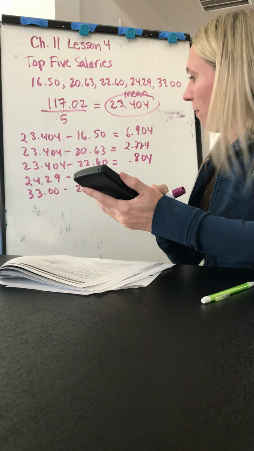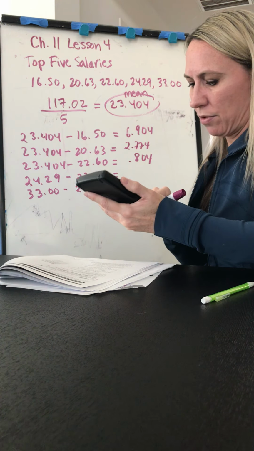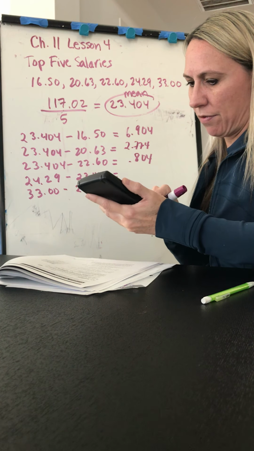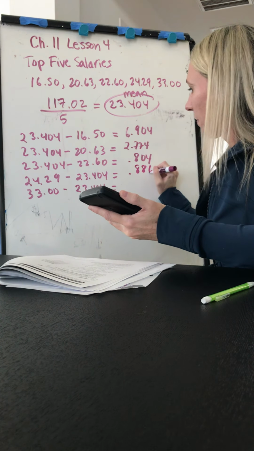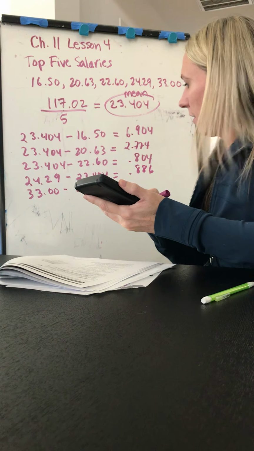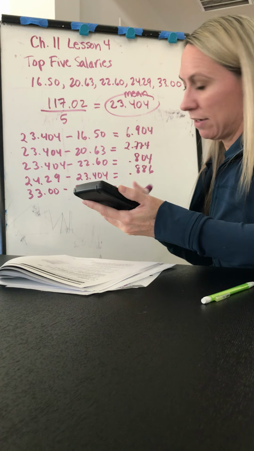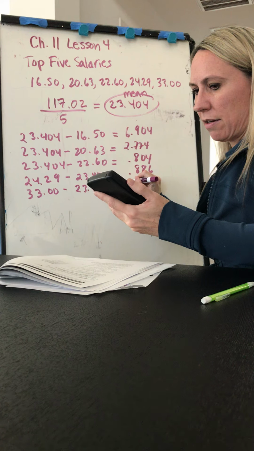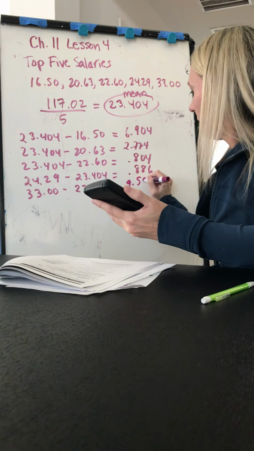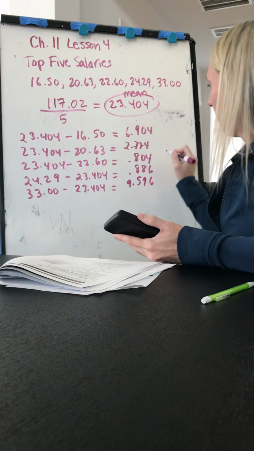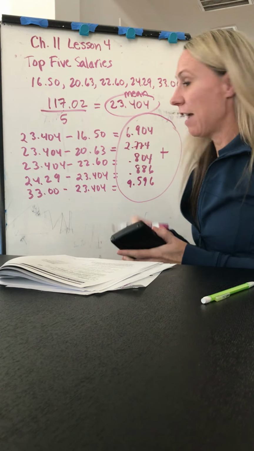And then 24.29 minus 23.404, I get 0.886. And then 33 minus 23.404, and I get 9.596.